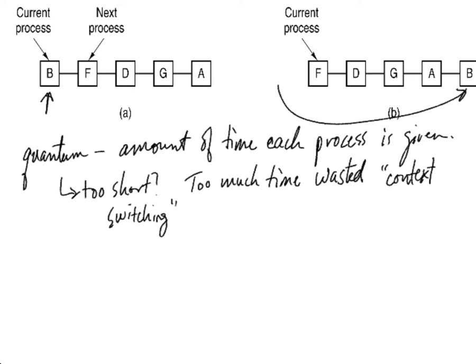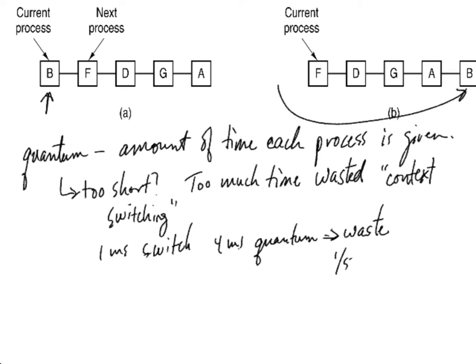So if we have 1 millisecond for a switch and 4 milliseconds for a quantum, then we're wasting 1/5 of our time.